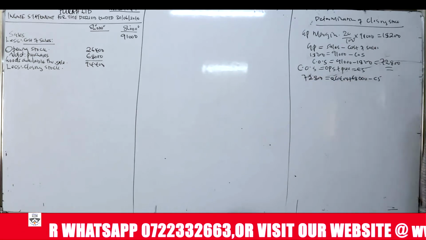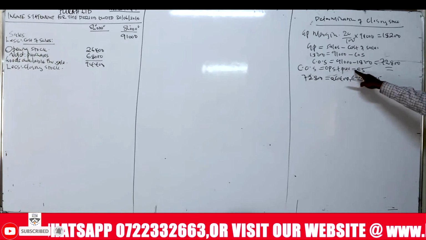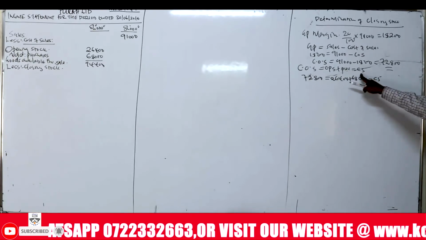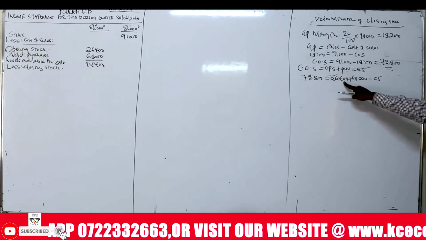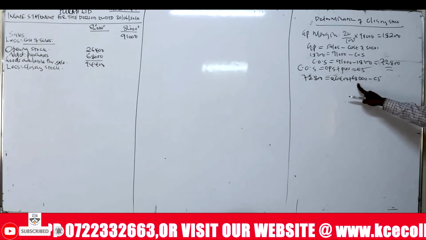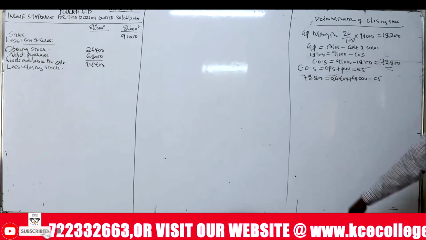So what is the formula of getting the cost of sales? The opening stock plus purchases minus closing stock, isn't it? We have our cost of sales, we have our opening stock, and we have our purchases. What is missing is closing stock. So closing stock crosses to the other side and becomes positive.